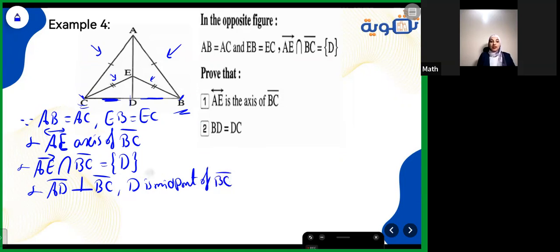Or also you can say that since it's the axis of symmetry, then of course BD equals DC, because D now is a point belonging to the axis of symmetry. Then also it will be at equal distance from the terminals of the line segment.